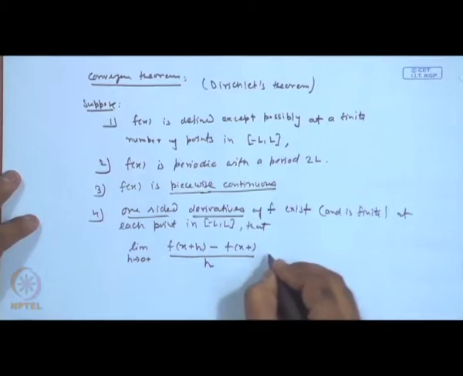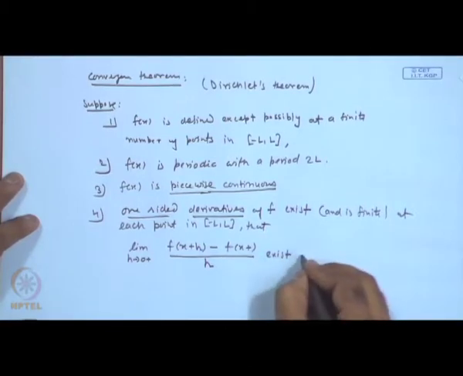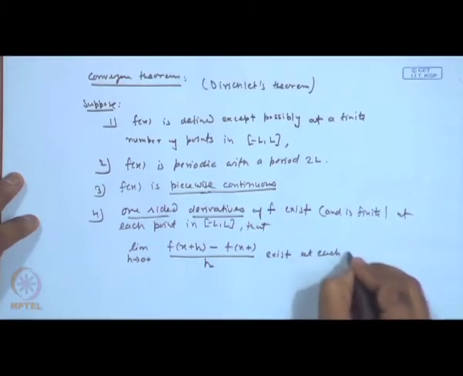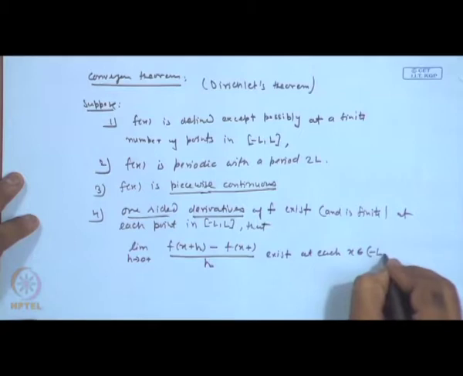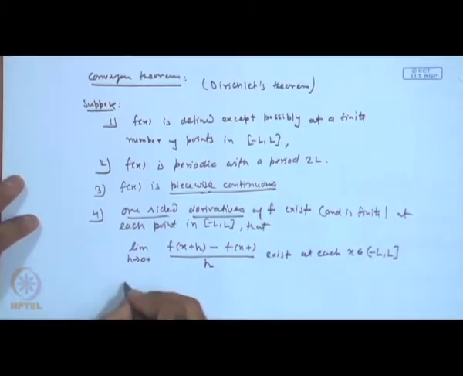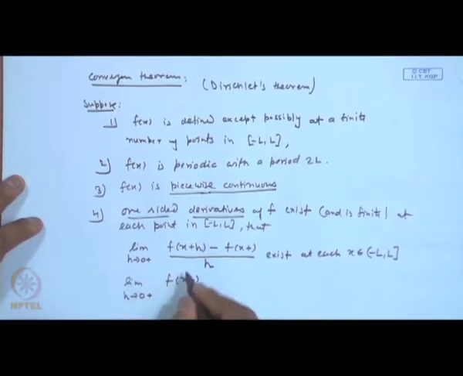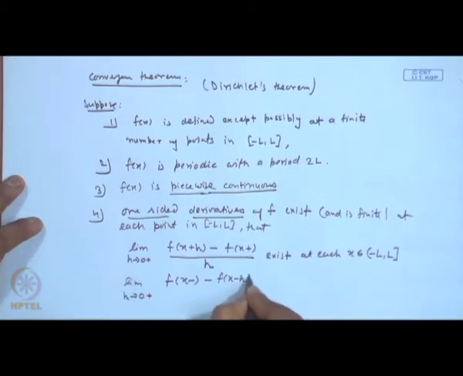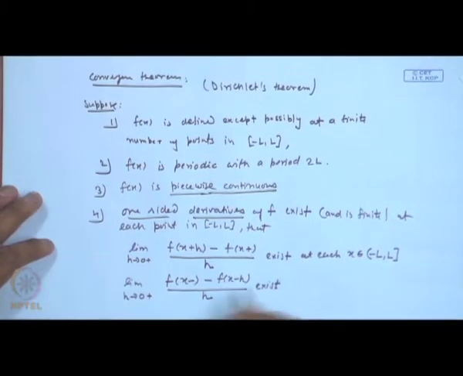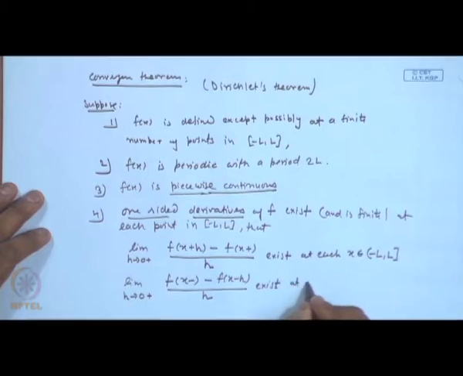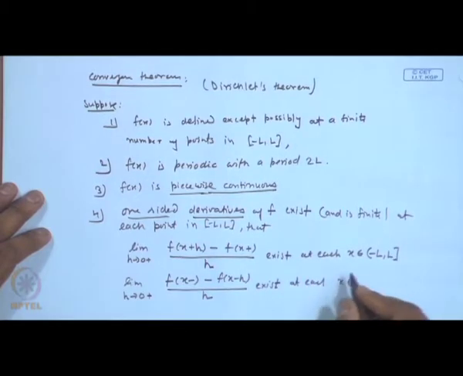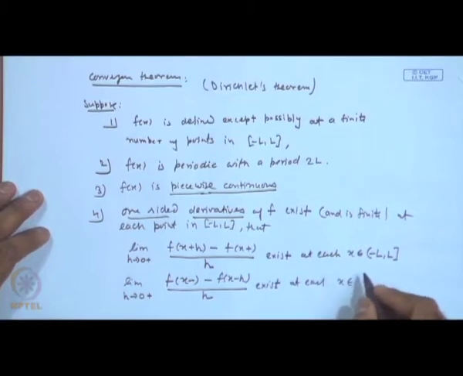We divide by h, if this exists and is finite, of course, at each x in minus L to L, and the left limit, h to 0 plus, sorry, f(x), the left limit, minus f(x minus h) over h, this exists at each x in minus L to L.